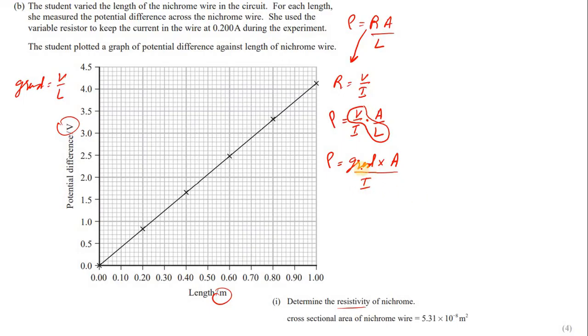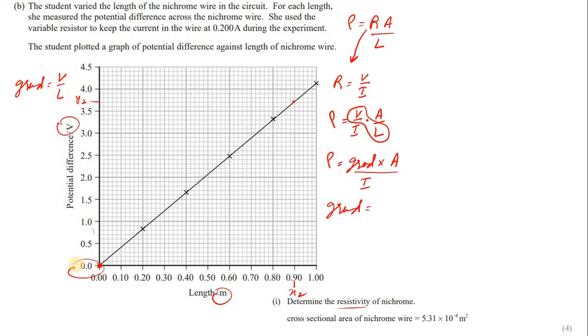So we need to figure out the gradient first. And for the gradient, we need to choose 2 points. This is a straight line passing through the origin. The easy 2 points: 1 point is the origin, and the next point I can use is this, the best point here. So this is my X2 and this is my Y2, and this is my X1, Y1, the origin.